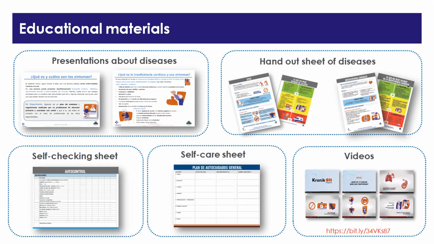Professionals can take presentations and handout sheets about different prevalent diseases in these patients, such as what it is to be a multimorbid patient, diabetes, chronic obstructive pulmonary disease, heart failure, hypertension, and others. Then some self-monitoring sheets were developed and are available.